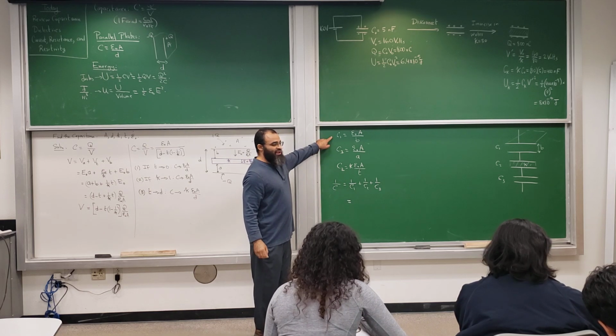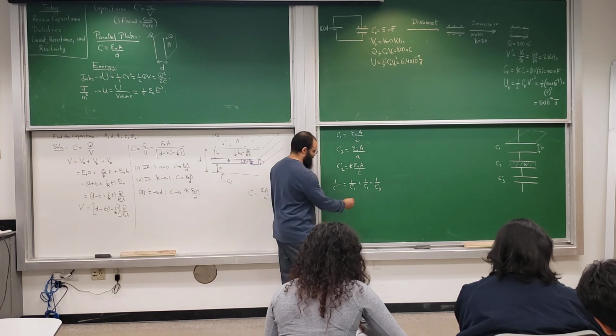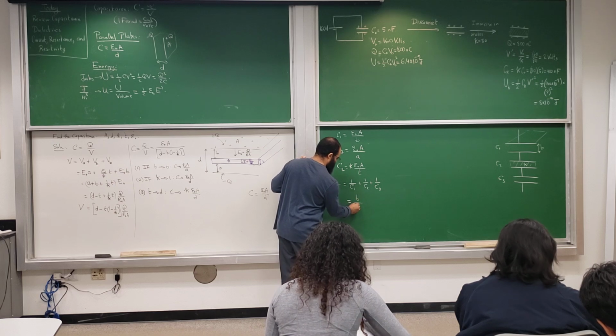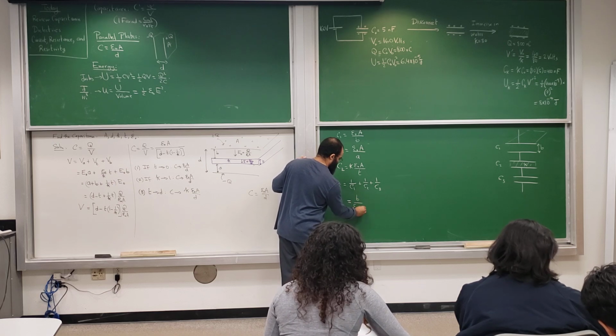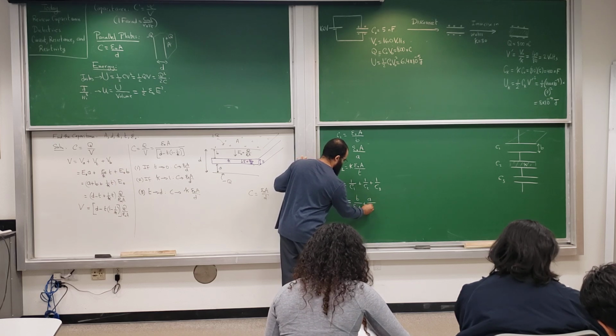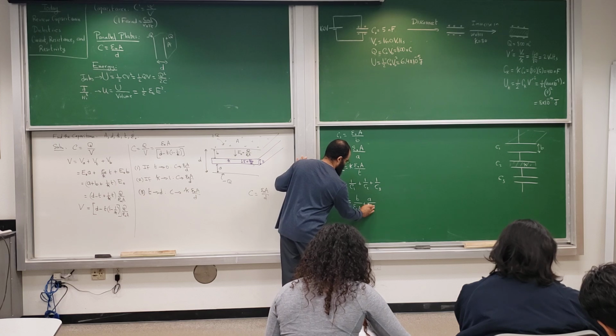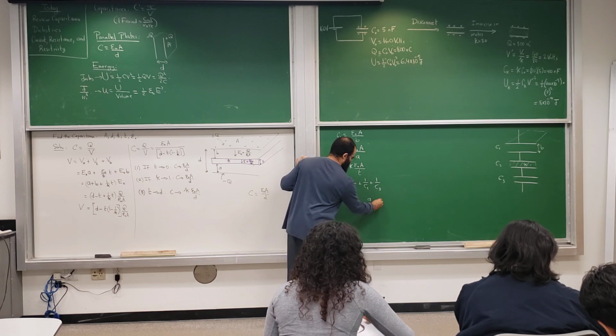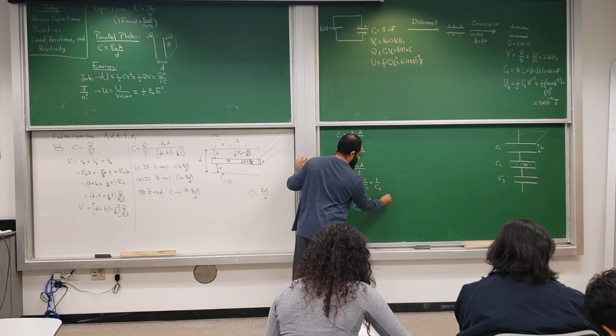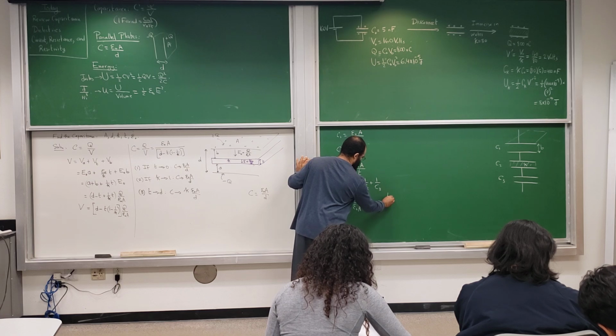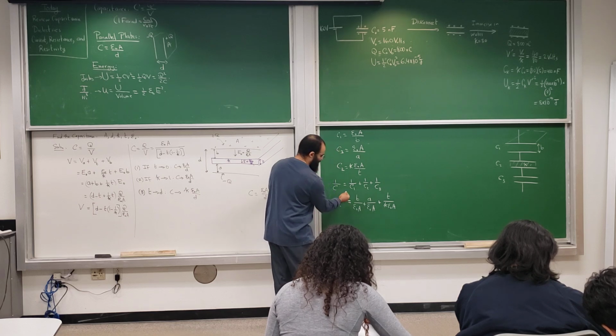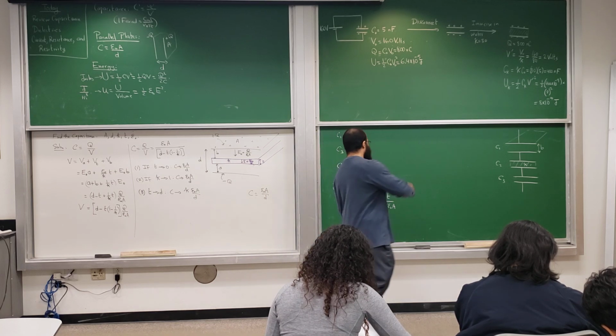1 over this one becomes B over epsilon naught A. That's 1 over C, or the equivalent capacitance.